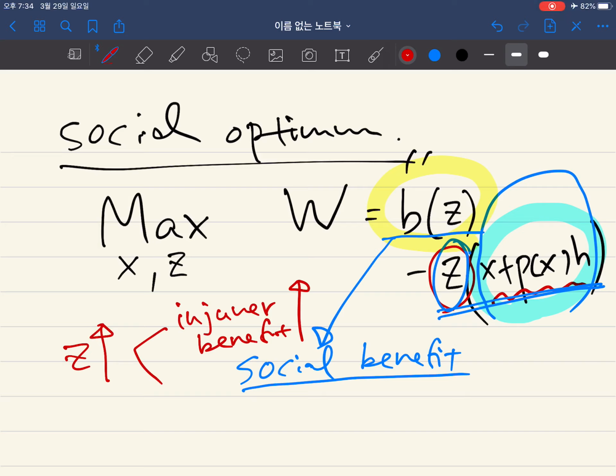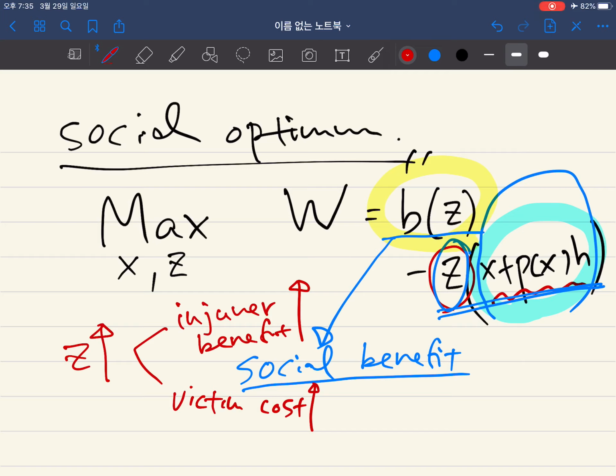But at the same time, it is going to increase the victim's cost, because there are more accidents on the victim.